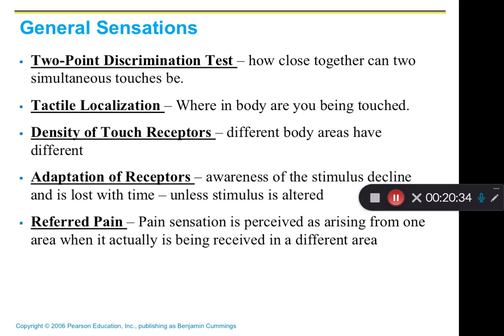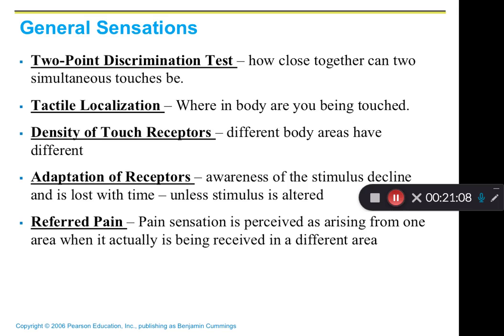Second is tactile localization. This means if we use a sticker to touch our body, for example the body trunk, we know our body trunk is touched by a sticker. If this sticker touches our arm, we know our arm is touched.